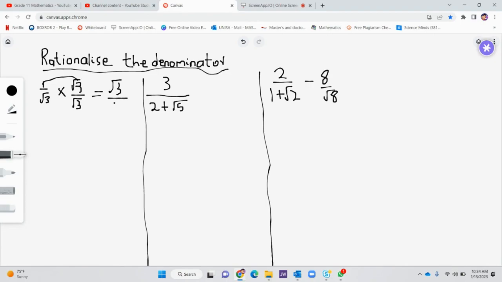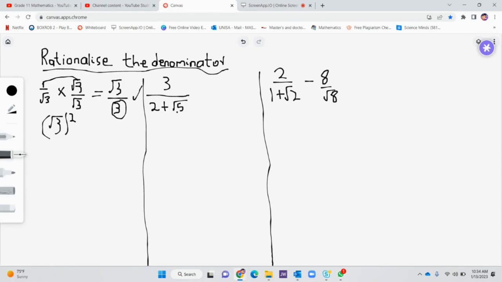So the answer here will be 3. Just remember, this is the same as root 3 squared because it's square root of 3 twice. That will be the answer there because we were rationalizing the denominator. Since there is no longer a surd form in the denominator, that fraction is fine.